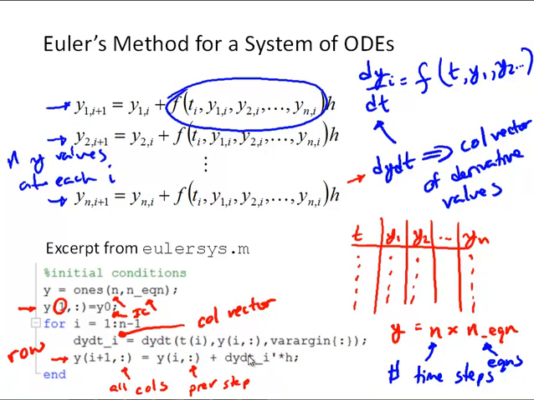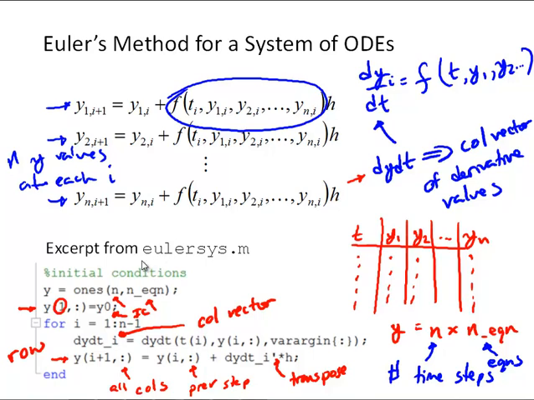So when we add these together for the matrix dimensions to match, we need to transpose the dydt result because that came in a column vector. So we'll transpose that, multiply it by h, add it to all of the columns for the ith time step of y, and then move on to the next iteration.